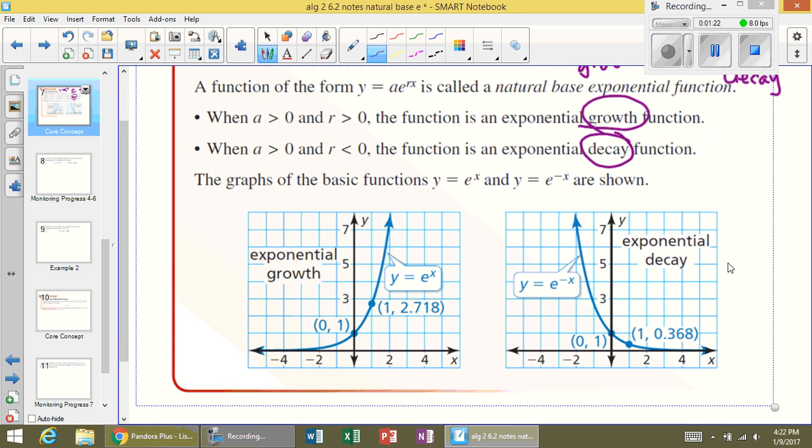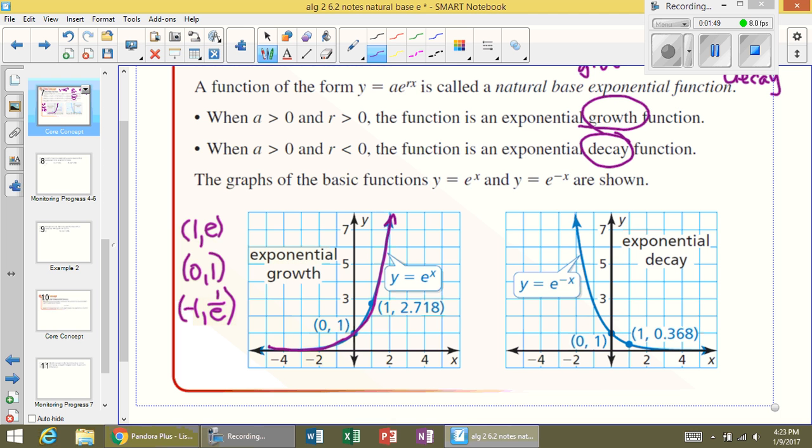So if you take a look at these two graphs, the first graph is going to be growth. Here's our exponential growth function. And the three ordered pairs to go along with what we learned in section 6.1 are going to be 1, comma e, 0, 1, and negative 1, 1 over e.